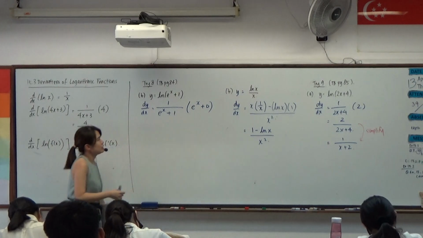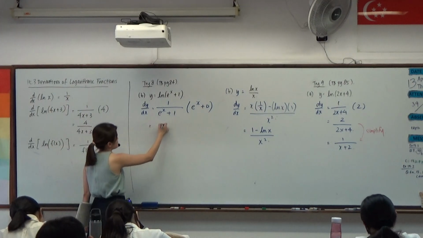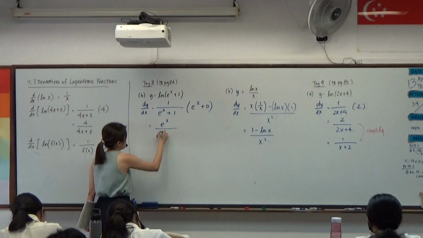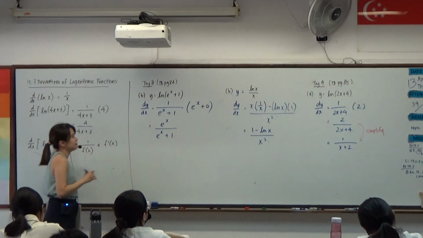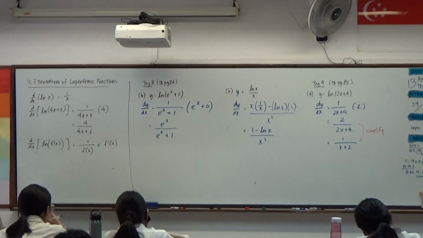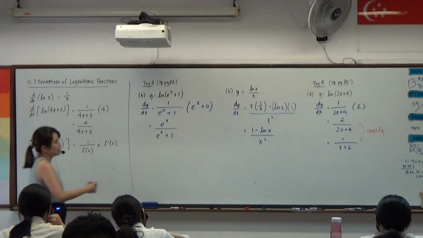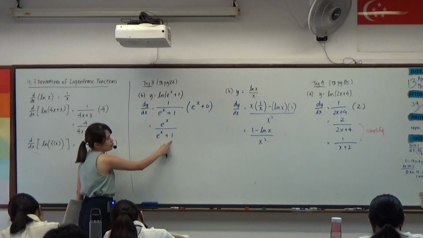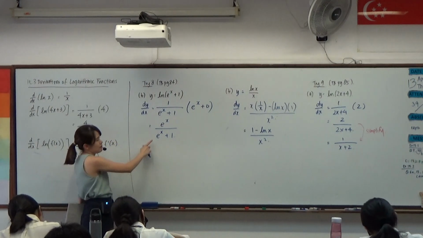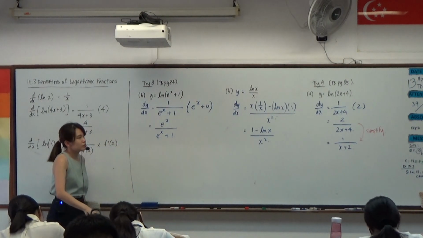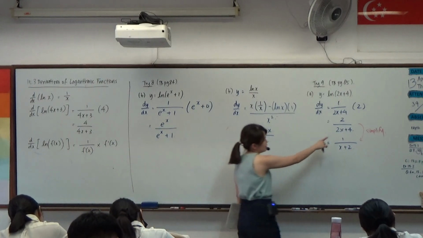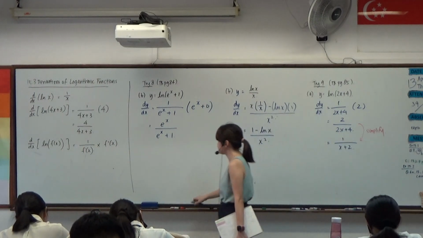Just intentionally going to write that there. And we will have e to the power of x over e to the power of x plus 1. This cannot be simplified further. You cannot cancel like that because down here got a plus. Okay? It must be having a common factor throughout, just like what we have over here. Okay?